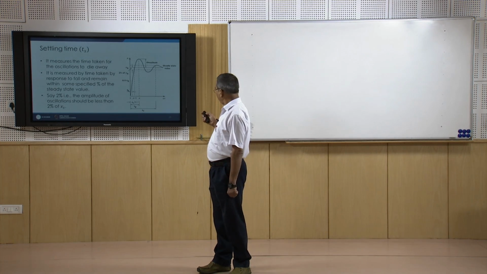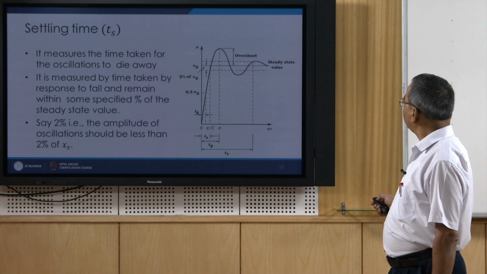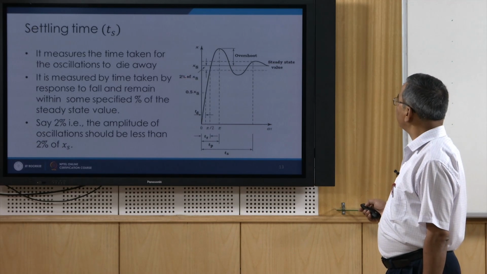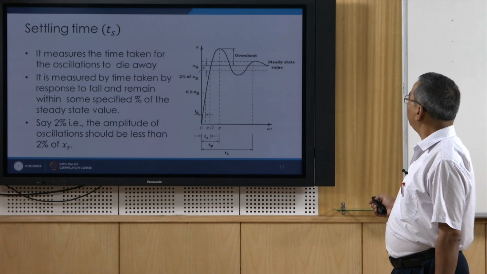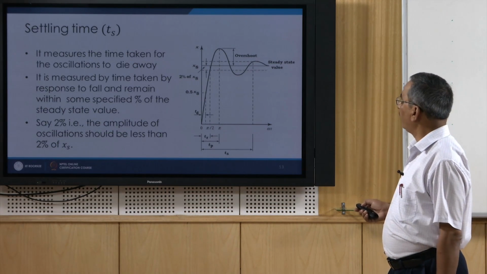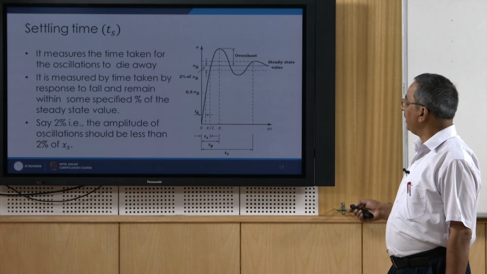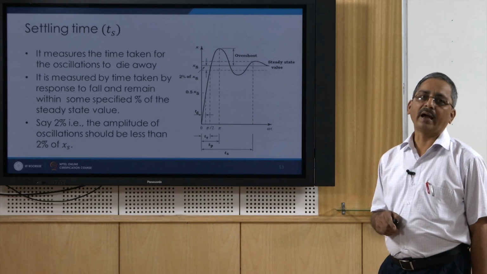So, for example, in this figure, as you can see, we have allowed this variation to be 2% of excess. That variation has been taken for finding out the settling time. So, it measures the time taken for the oscillations to die away.